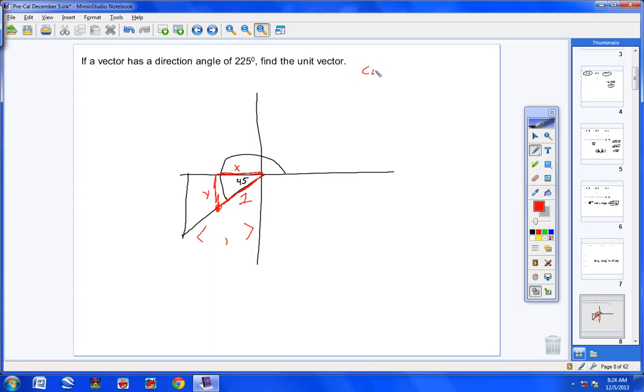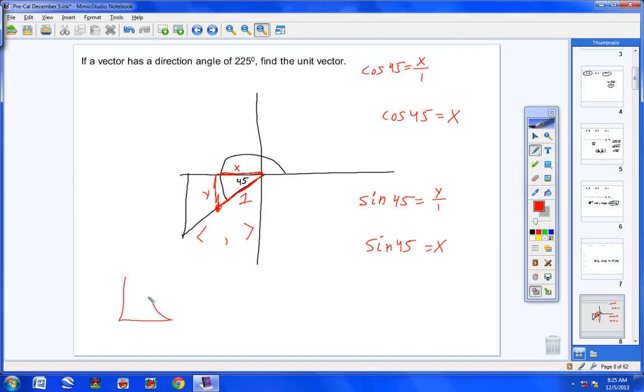Well, it's going to be cosine of 45 equals adjacent over hypotenuse, and this is how you find the y, sine of 45 equals y over 1. Now go ahead and multiply both sides by 1, and you're left with cosine of 45 equals x. Multiply both sides by 1, and you're left with sine of 45 equals y.